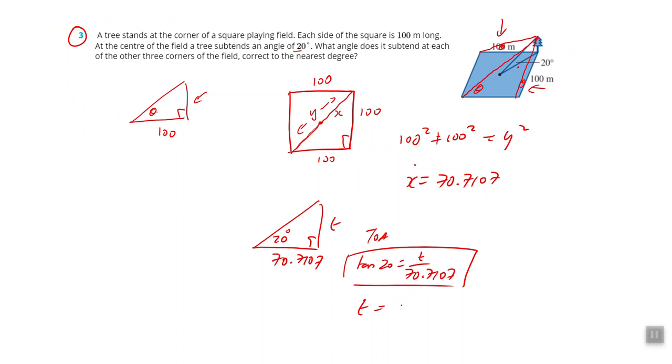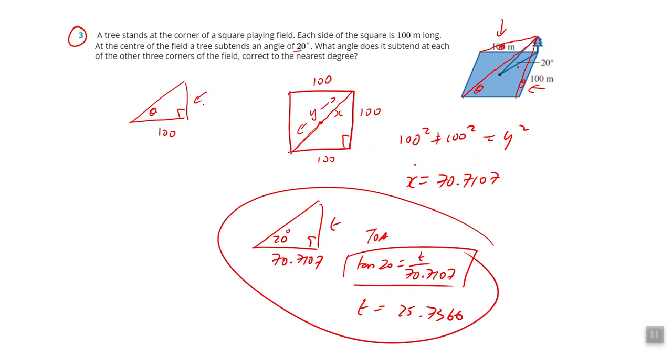Okay, so T equals 25.7366. Okay, so we've got the height of the tree. Great. We can use the height here because I know the height of the tree now is 25.7366.